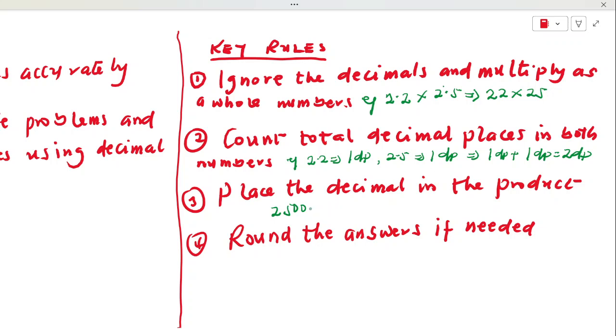So what you do is that you stand at the end of the whole number, the product, the answer that you get, then you move twice backward or to the left side. So because you have two decimal places, you stand here, you move 1, 2. So this will give you what? 25.00 as your answer. And then you probably round the answers if needed.